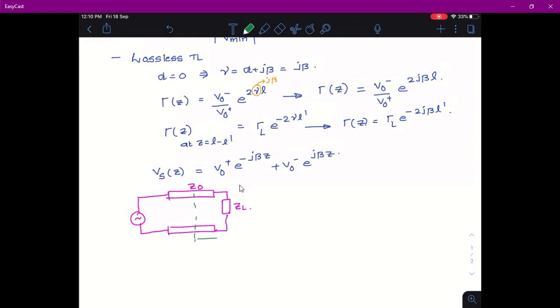So this is at a distance L dash from the load, and your generator is connected at Z equal to 0, load is at Z equal to L. So the distance between generator and the point is L minus L dash.